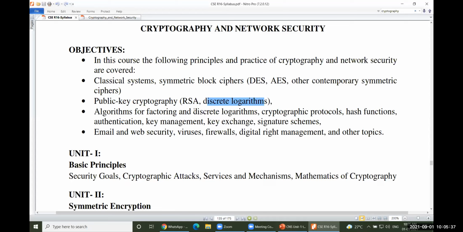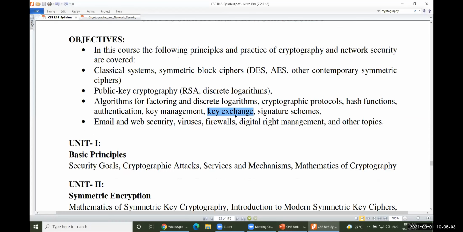And how discrete logarithms are supposed to be used by taking some kind of factorization using prime numbers or some other values, and what are the different kinds of cryptographic protocols such as hash functions and digital signatures or authentication, key management and key exchange, IP key exchange, something like that. Everything has been taken.